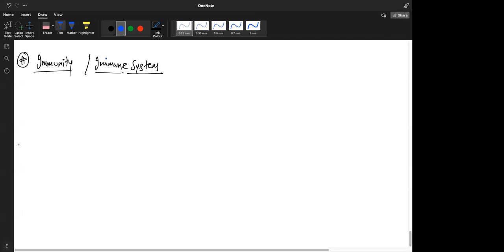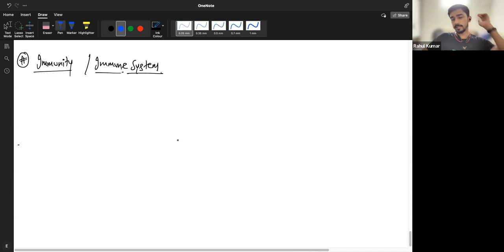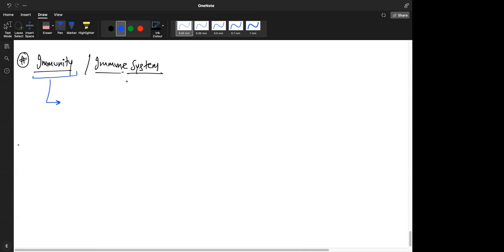One is acquired immunity, the other is innate immunity. We will come to the innate immunity part, but we are just trying to understand immunity first. So if we define immunity, how will we define it? The ability of the body to protect itself against foreign infectious agents.